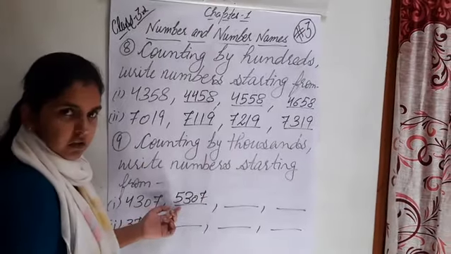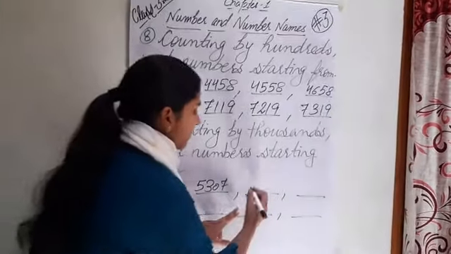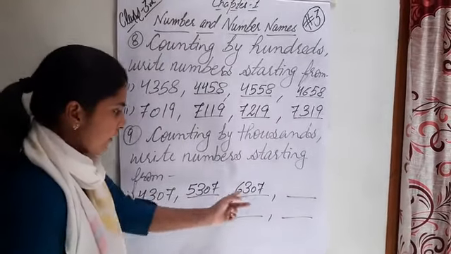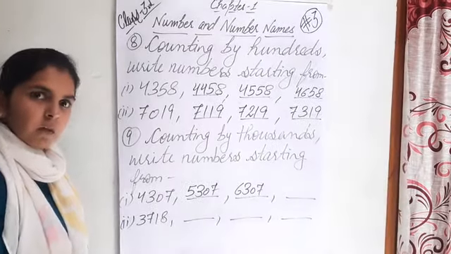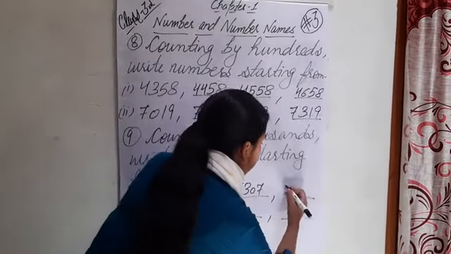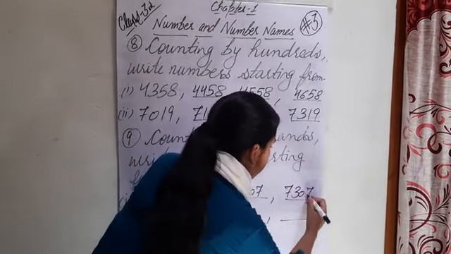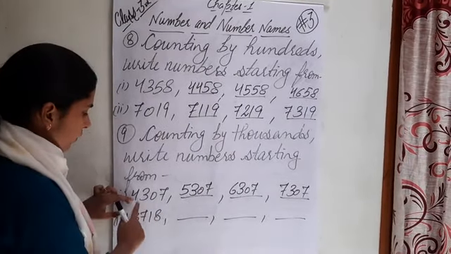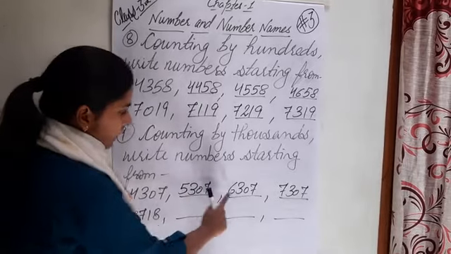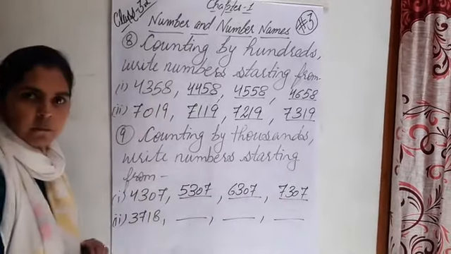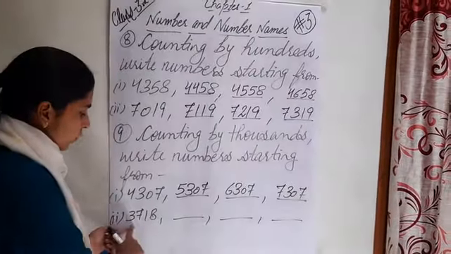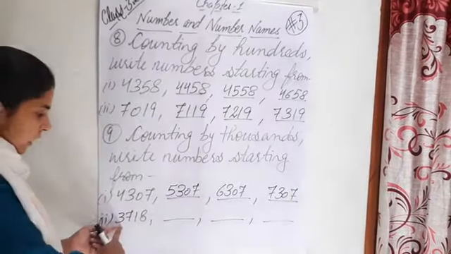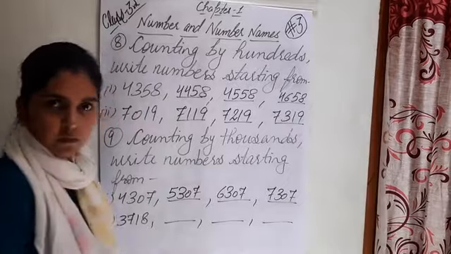After 5, which digit will come? 6. 6307. And after 6, which digit will come? 7. So 7307. You can see that we started counting from the thousands digit: 4, 5, 6, 7. Similarly, you will solve this part. You will start counting from 3: 3, 4, 5, 6.